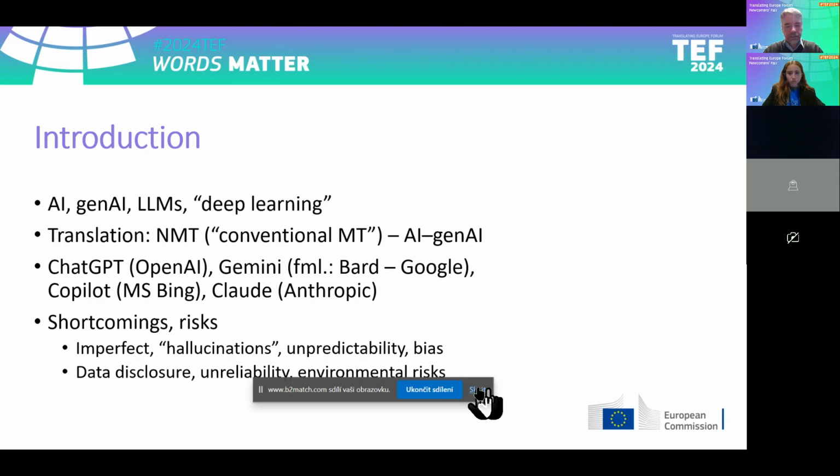Some of the data is toxic, some of the data shows cultural bias, and that's how the system mirrors or mimics the language usage it's been trained with. Remember always, before you would use such a system, that the data you feed in will be disclosed to the party, to the engine provider.